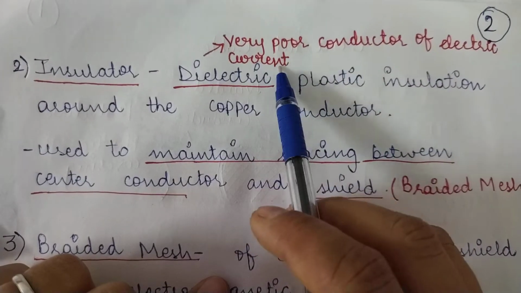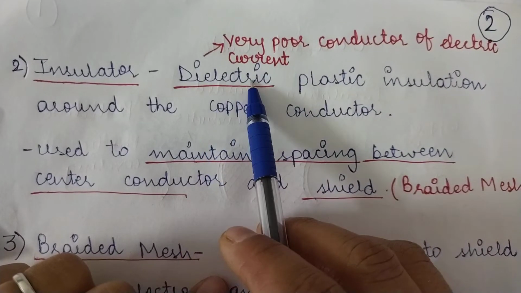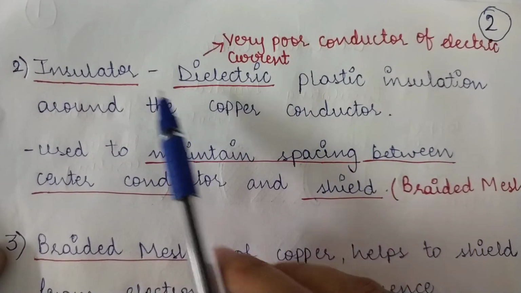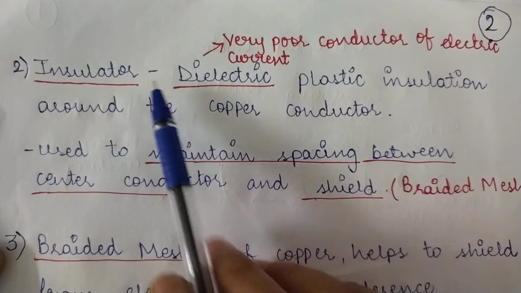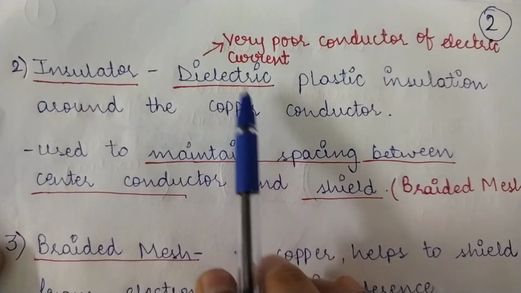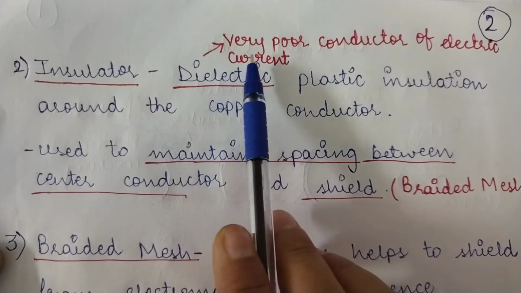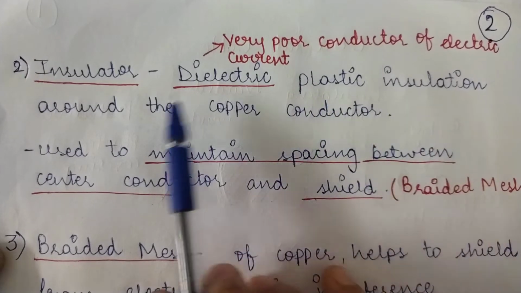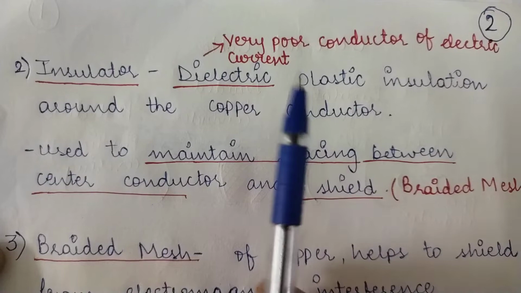Since it is a poor conductor of electric current, it is obvious that it will provide insulation. It will provide a shielding or an insulation around the copper core or the inner copper conductor. So hence we use the insulator which is dielectric in nature. Dielectric means it is a poor conductor of electric current, and hence it provides a better insulation around the copper core.